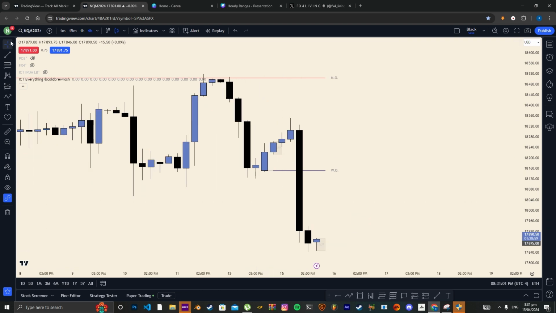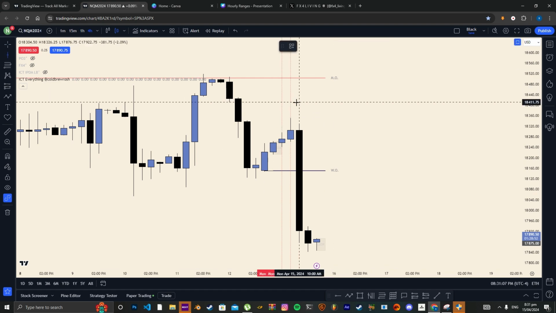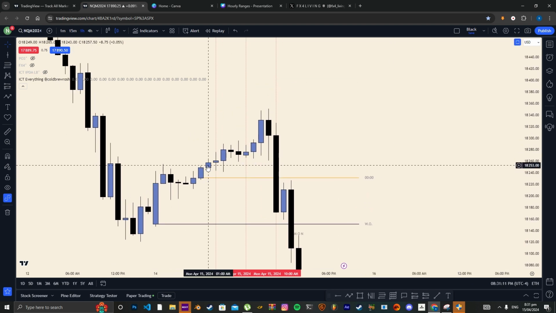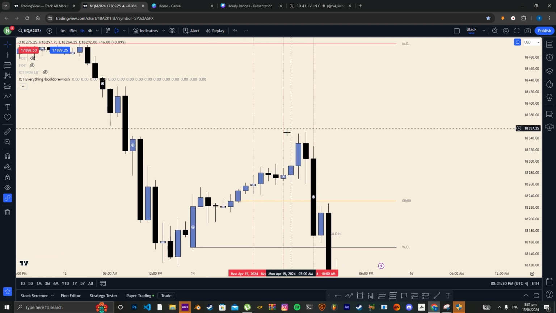So an example of an hourly range is if we split up the 2 a.m., 6 a.m., and 10 a.m. candles. We can then drop down further, and we can see that we have 1, 2, 3, 4 candles within this hourly time frame. Again, we have 1, 2, 3, 4 within this another 4-hour time frame.